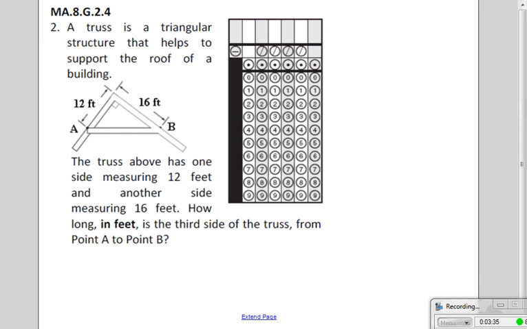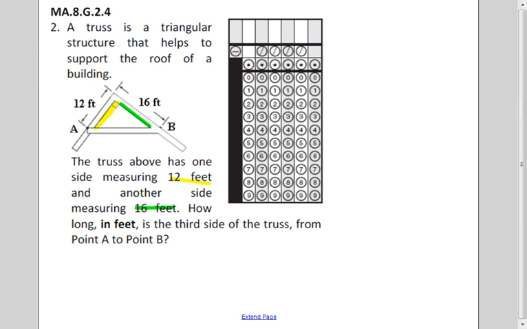So it said that the first side of the truss was 12 feet. So here's that side, 12 feet. The second side was 16 feet. And so here's that side, 16 feet.